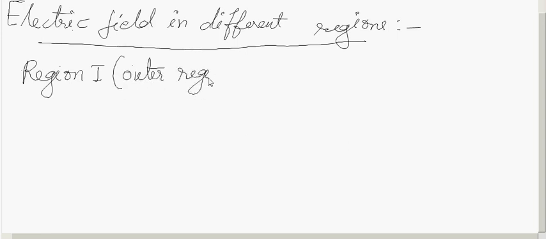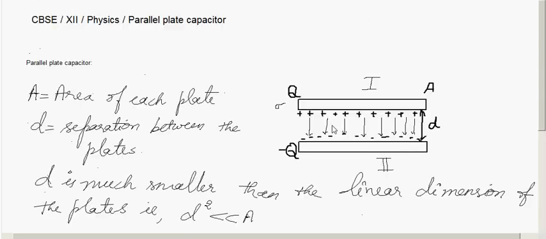In region 1, there are two equal and opposite fields. The field due to the positive plate is going away from it, and it is sigma by 2 epsilon naught. And there is another field which is towards the negative charge, so due to the negative charge it is in the opposite direction, sigma by 2 epsilon naught.